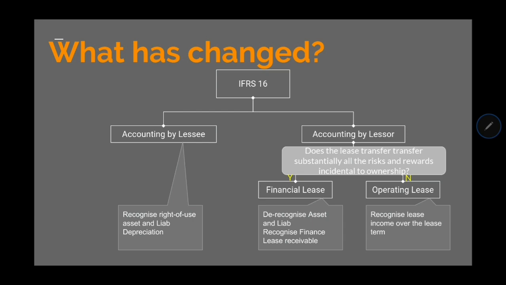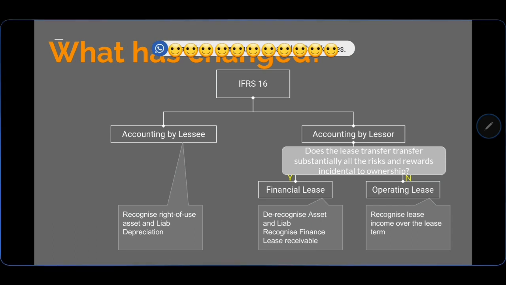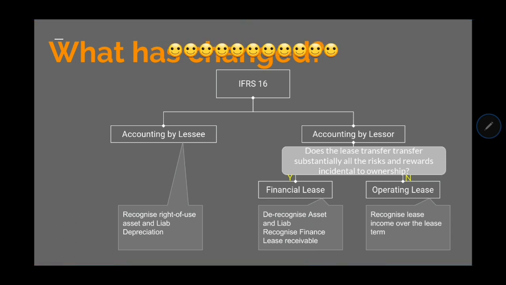Now, let's look at what has changed in the new standard IFRS 16. It's quite simple. So the first thing is, there is no change for the lessor. Everything has changed only for the lessee. The lessee need not ask the question anymore. He need not check whether substantially all the risks and rewards have been transferred.